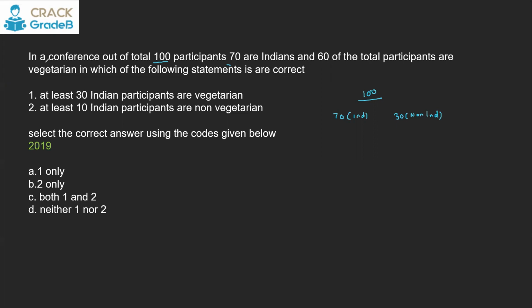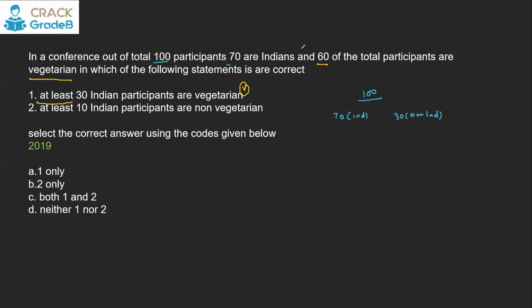60 of the total participants are vegetarian. The first statement says at least 30 Indian participants are vegetarian. At least means you want to minimize the number of Indians who are vegetarians. So let's say you start distributing the vegetarian coupons, which are 60 in number because 60 participants are vegetarian.